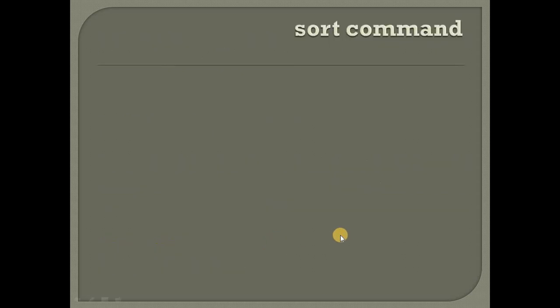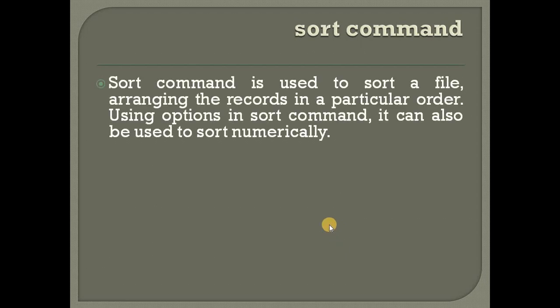Next we'll move on to the third filter command, that is the sort command. Sort command is used to sort a file, arranging the records in a particular order. Using options in the sort command, it can also be used to sort numerically. So what is the syntax? Sort and the file name.